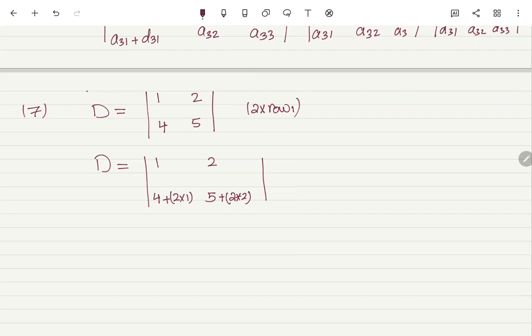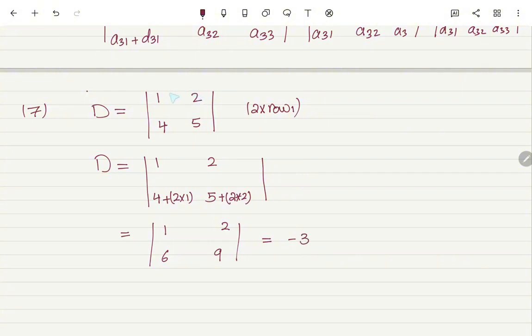This new determinant will be equal to 1, 2, and this one here 6, and this one here 9. If we find the value for this new determinant, it will be equal to 9 times 1, it's 9, minus 12, it's minus 3.